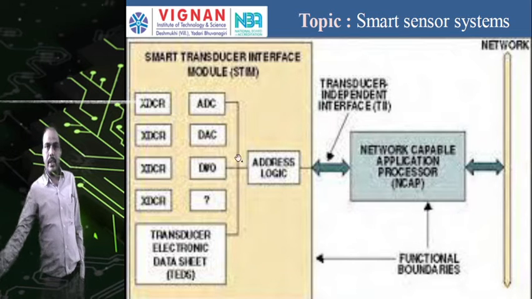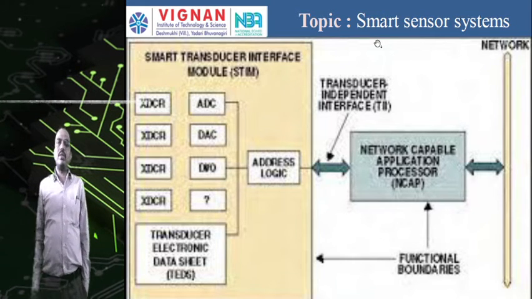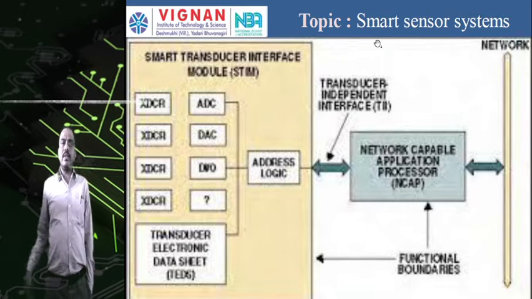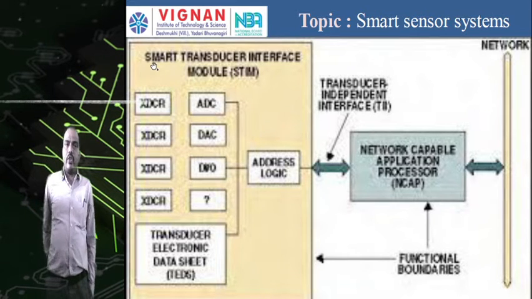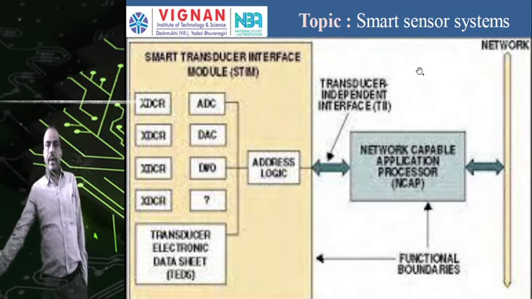Like this. This is nothing but a smart sensor, which has two components: the transducer interface module, or sometimes called the smart transducer interface module, STIM, and the NCAP, network capable application processor.